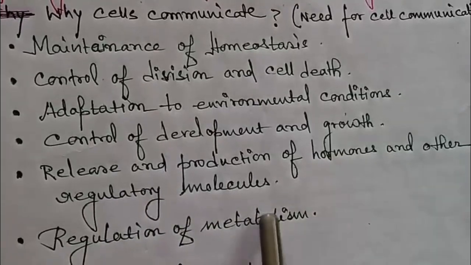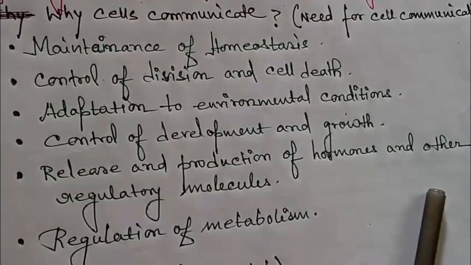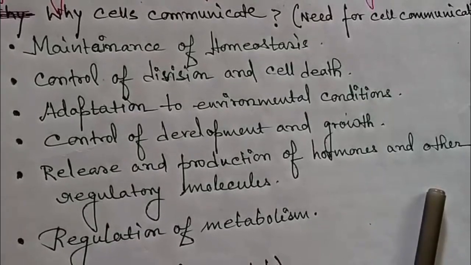Some hormonal release or production and other regulatory molecules can be released using this communication, and metabolism can be regulated using cell communication. So those are the needs for cell communication. That's why cell communication is needed.